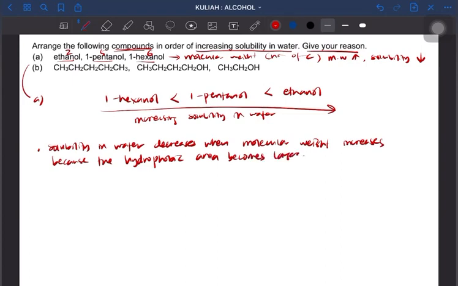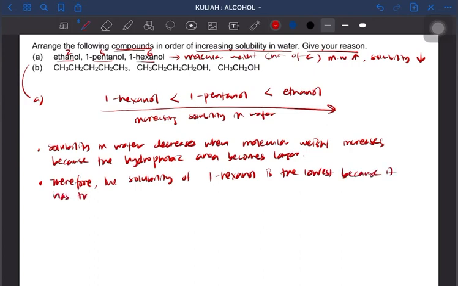Okay, so therefore the solubility of 1 hexanol is the lowest because it has the biggest molecular weight and largest hydrophobic area.